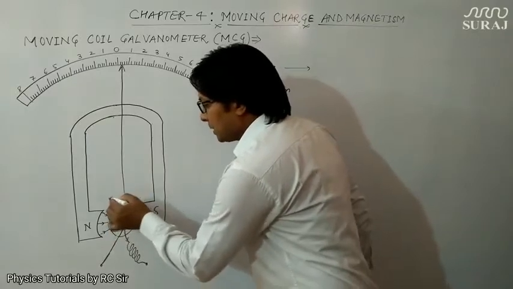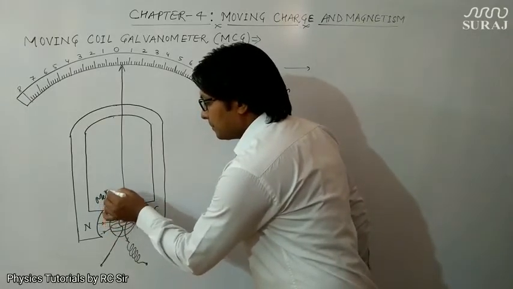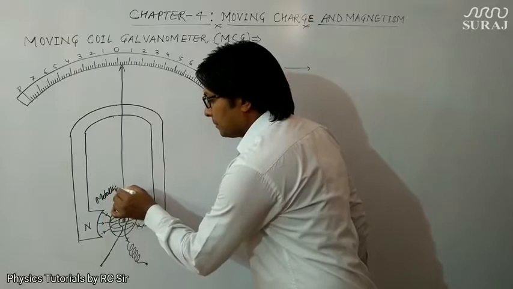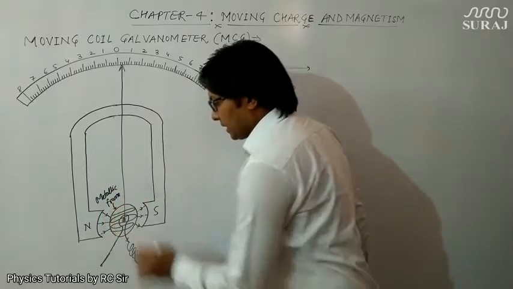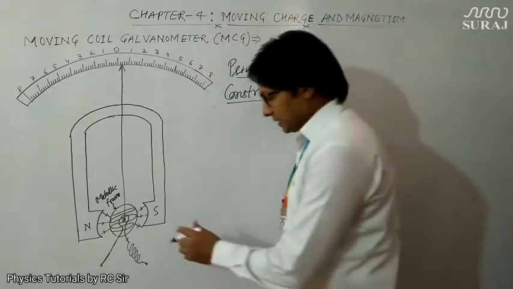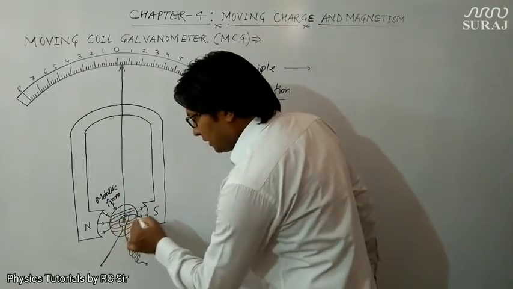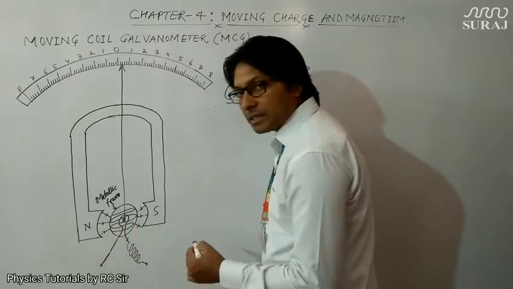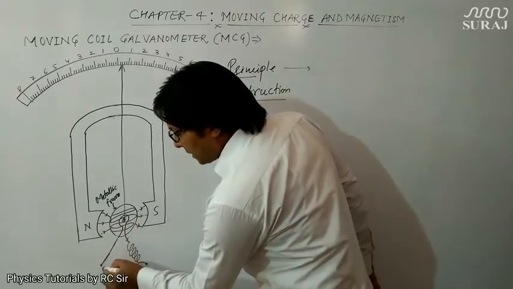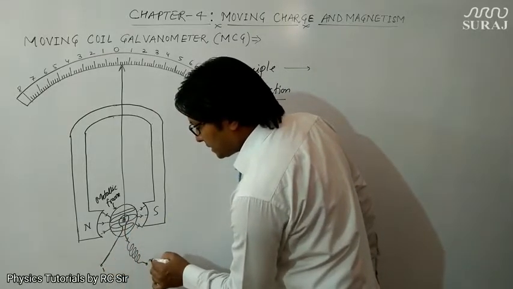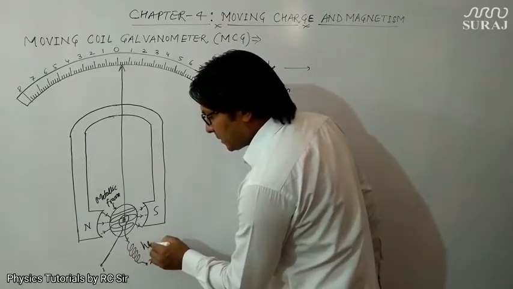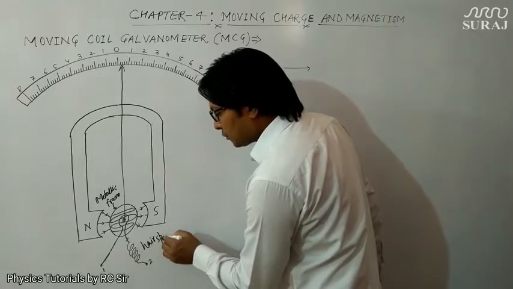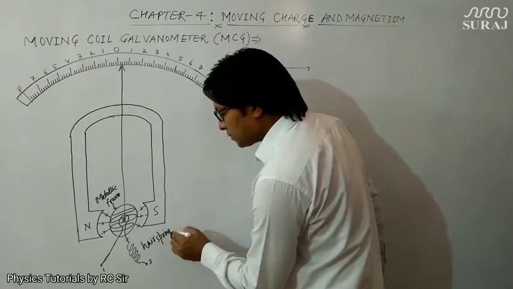This is the metallic frame, which is made of ferromagnetic material, and this is the insulated coil, whose two ends are this one end and this second end. The second end is connected with a hair spring. What is the function of the hair spring? We will discuss it in its working.